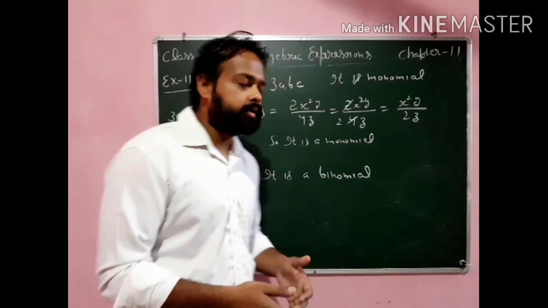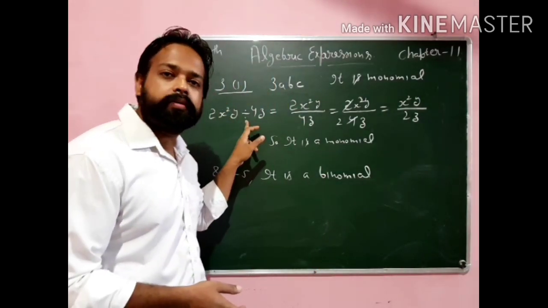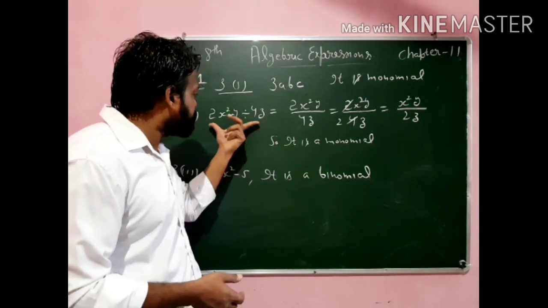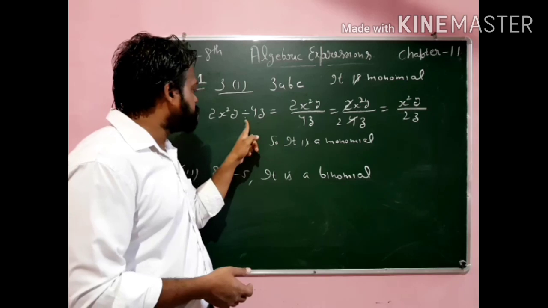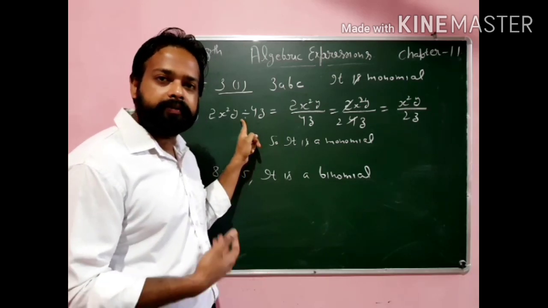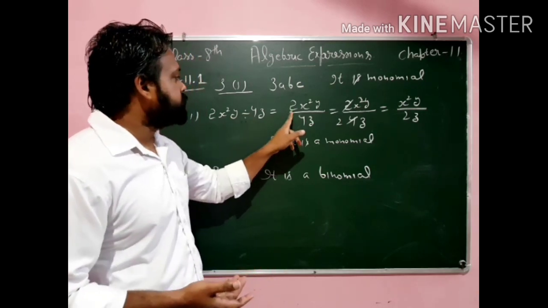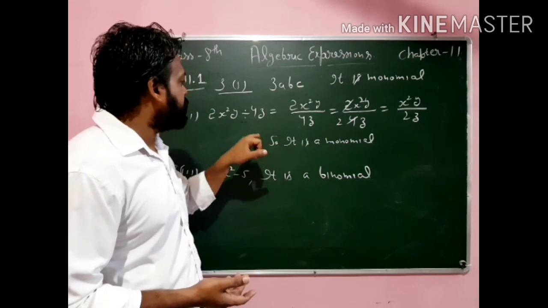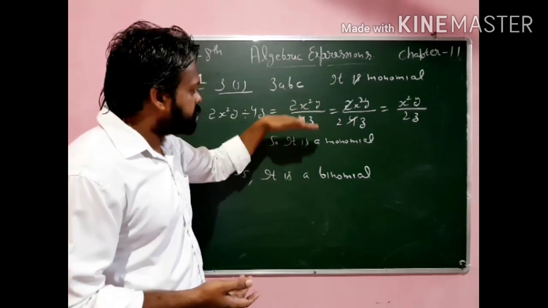Okay, now see the second part, 2x square y. Here is a sign of division, 4z. So we cannot say that there are two terms because there is no plus or minus sign here. Here is a sign of division, it means we have to solve this. Now see, this is 2x square y and this term is divided by 4z, so we can write 4z in the denominator.